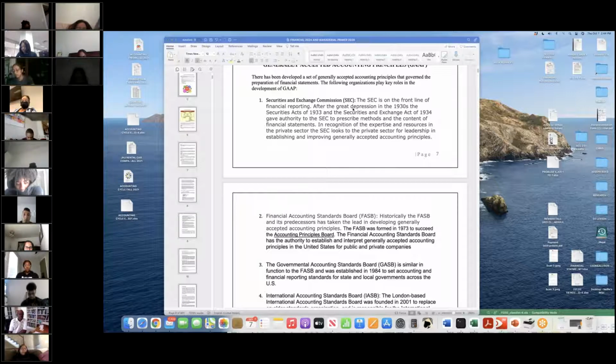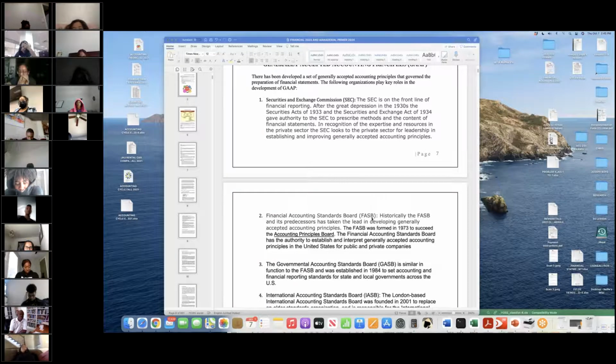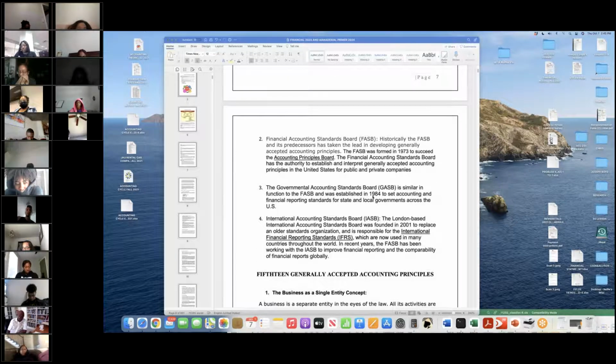The Financial Accounting Standards Board, which consists of the practitioners, does most of the work. So the Securities and Exchange Commission farmed that off to them. They have the practitioners and professors, and so most of that work is done by the Financial Accounting Standards Board to create the standards.